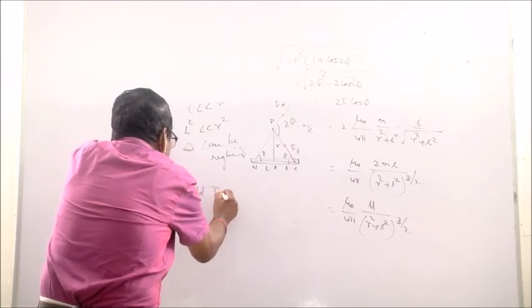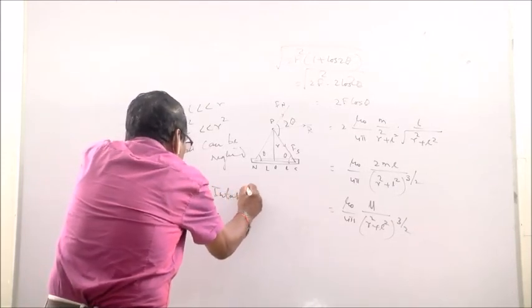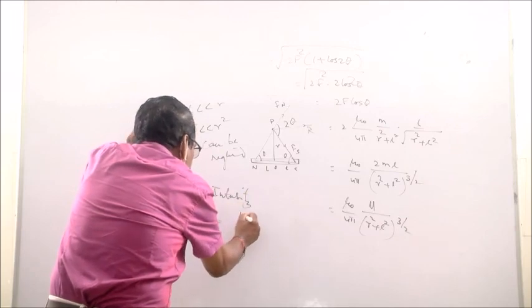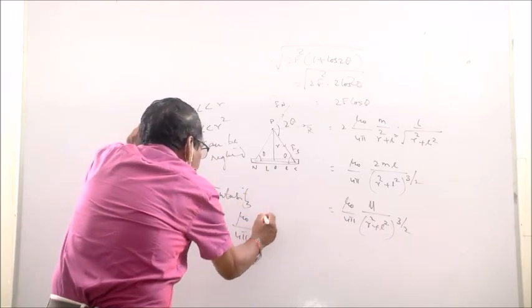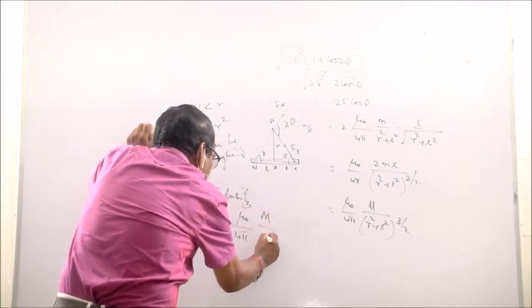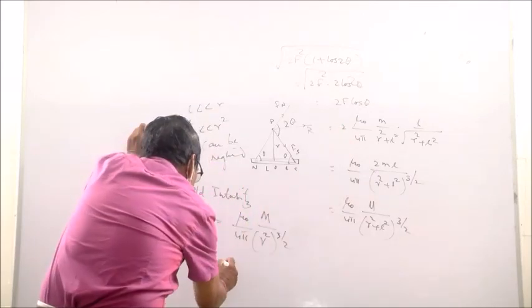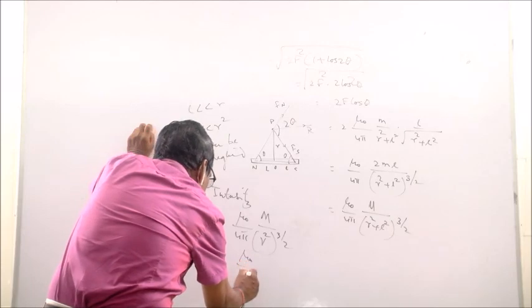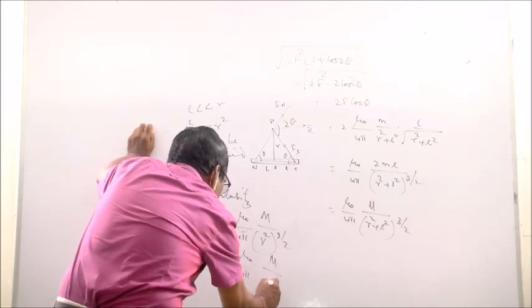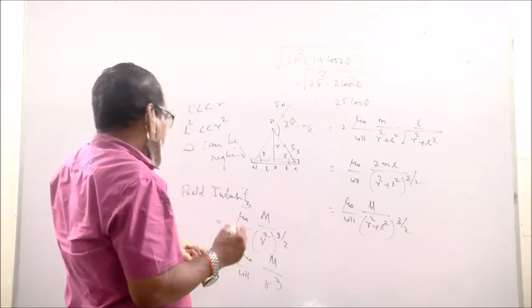Now you will get the final formula: mu 0 by 4 pi, m by r square to the power 3 by 2, neglecting l square. So this becomes mu 0 by 4 pi, m by r cube. This is the field intensity.